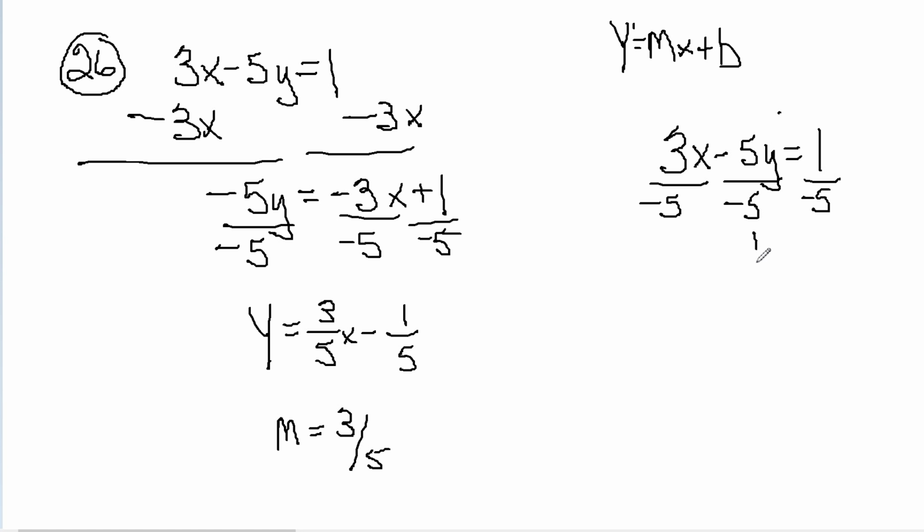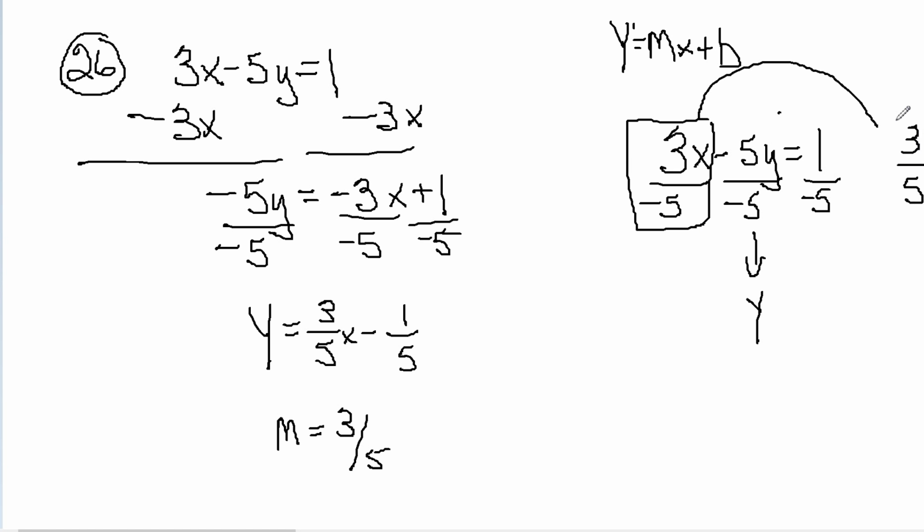This just becomes the y. The negatives cancel out and make it positive y. And then the x term can be added to both sides, bringing this over, and the sign changes. So this ends up being 3 over 5x, which was the same answer we got over here. But whatever you're comfortable with.